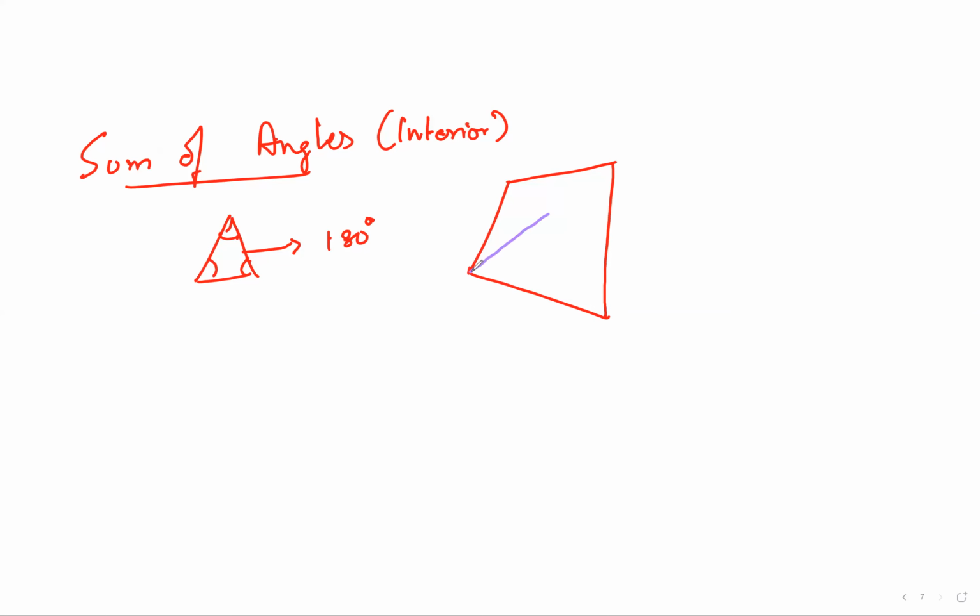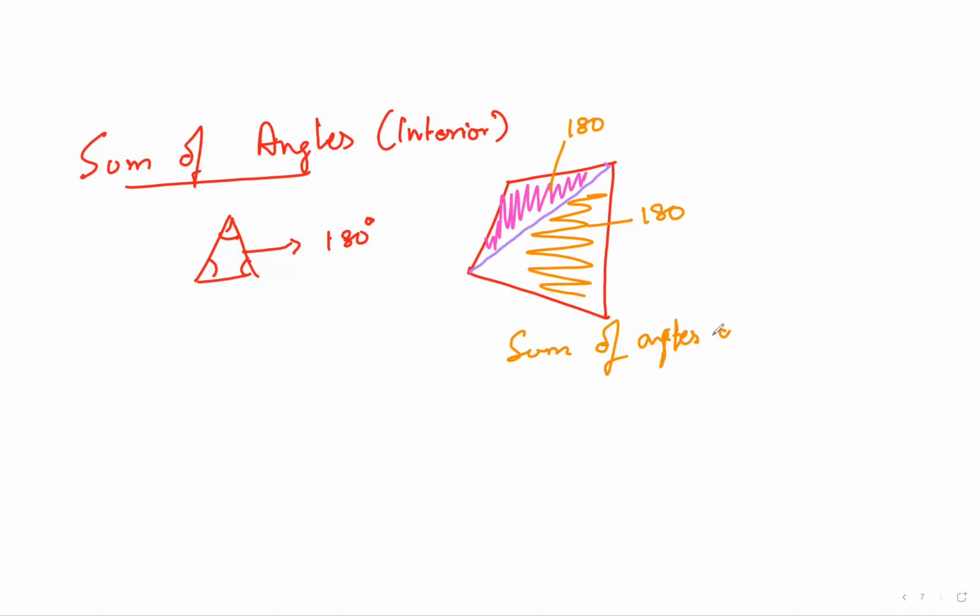Just draw a diagonal, and if you draw a diagonal, see what is this figure formed. This is a triangle, and in the same way, the other side, this one is also a triangle. So here you have 180 degrees, and here also 180 degrees. So the sum of angles in a quadrilateral is equal to 360 degrees.